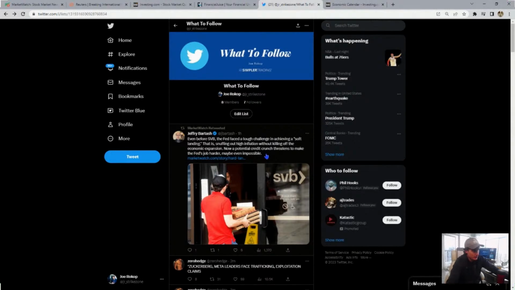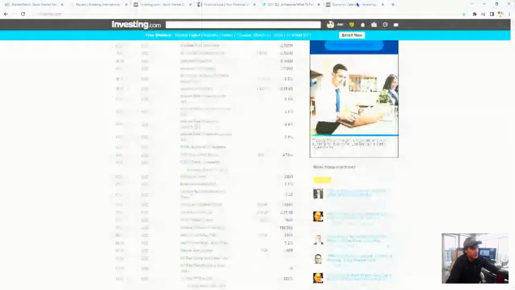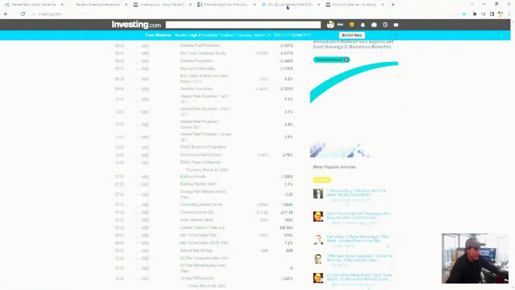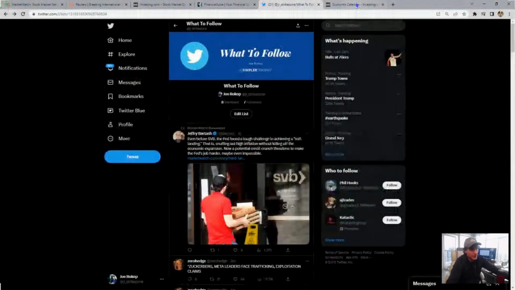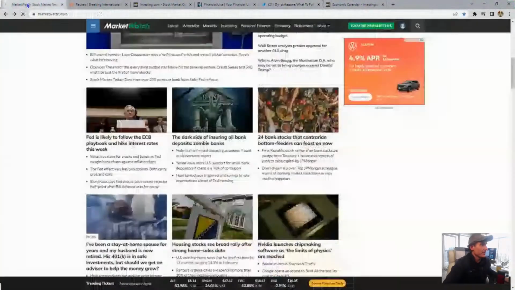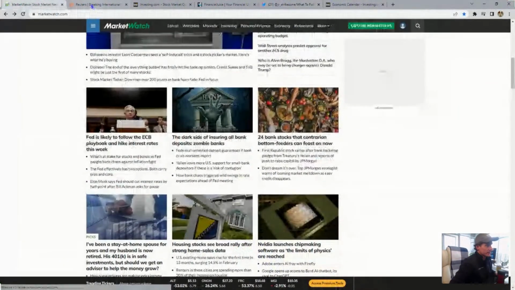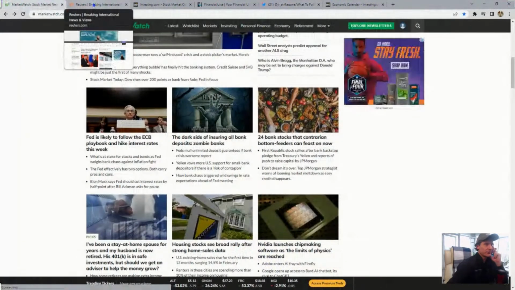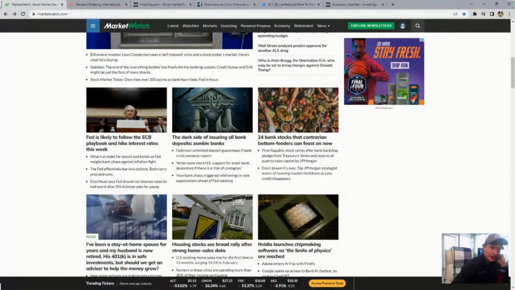Okay. And so essentially all we're doing is weighing headlines on Twitter versus economic events on investing.com. And that's about as simple as it can get, right? So in the evenings or in the mornings, glance through these headlines and see, all right, what's dominating the headline.